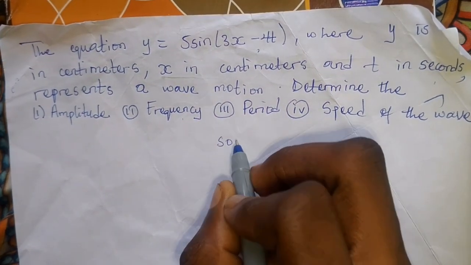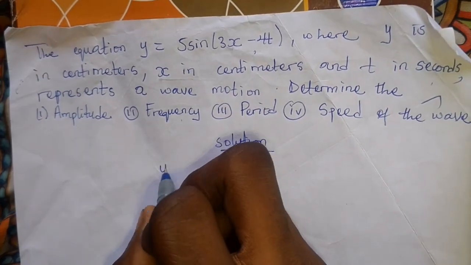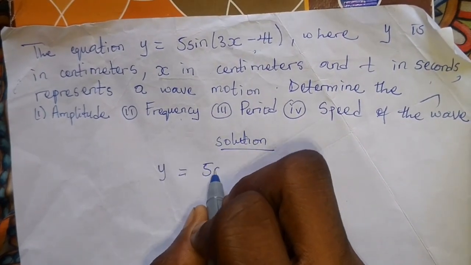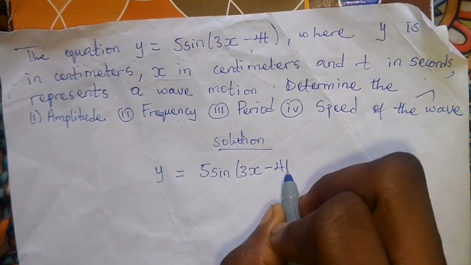So the solution: first and foremost, write the equation out again. So y equals 5 sin(3x minus 4t).